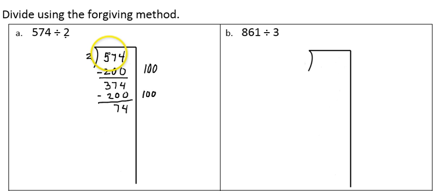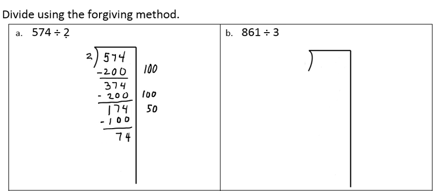Subtract, and I have 174 left. Well, I can't take another 100 groups of 2 out, but I could take 50 groups. 50 groups of 2 is 100. I'll subtract that, and I have 74 left.